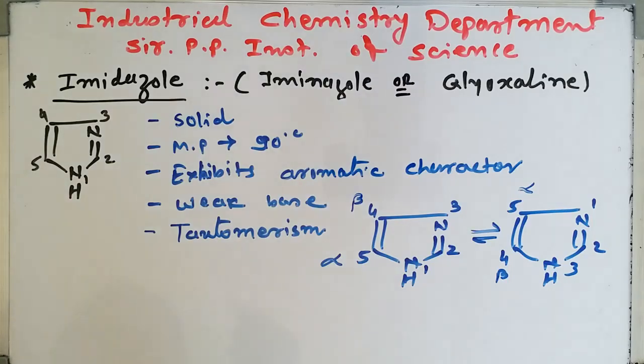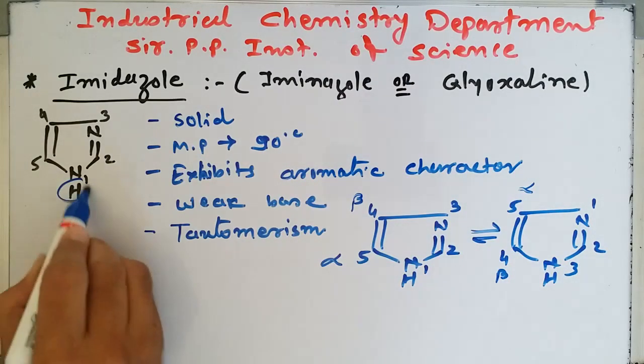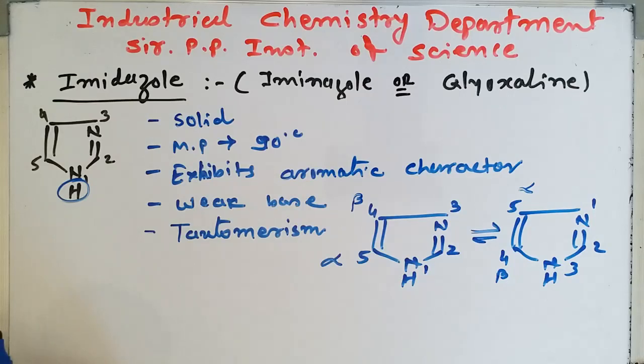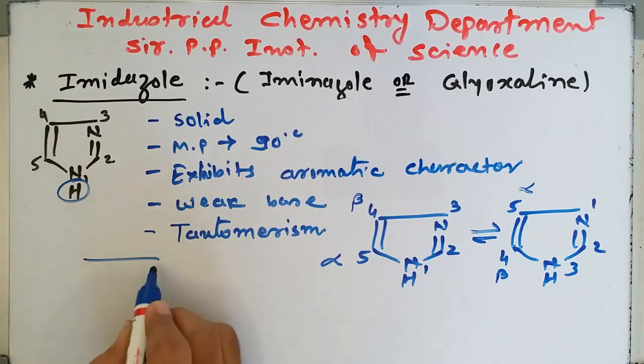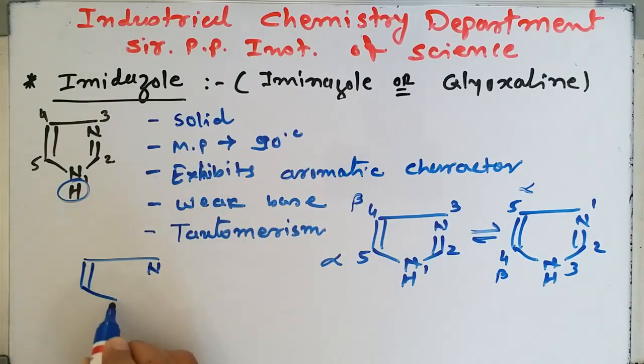This imino hydrogen can be replaced with metals and alkyl groups. It is substituted by an alkyl compound such as methane, so 2-alkyl imidazole is also obtained.